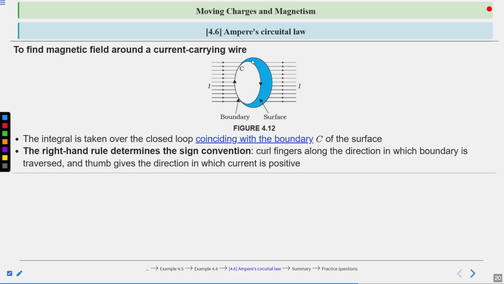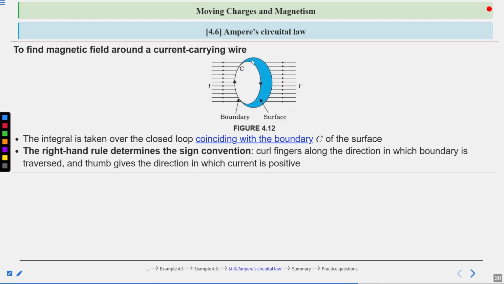Then the thumb gives the direction in which current is flowing, that means the direction in which the current is positive. So you have to curl your fingers in the direction in which the boundary is traversed. Traversed means traveled.